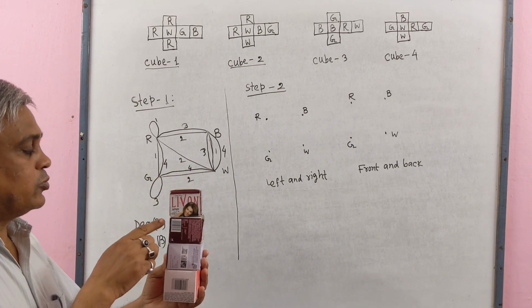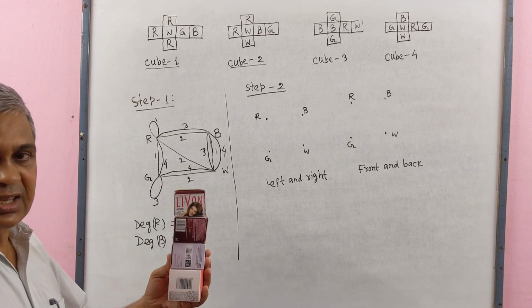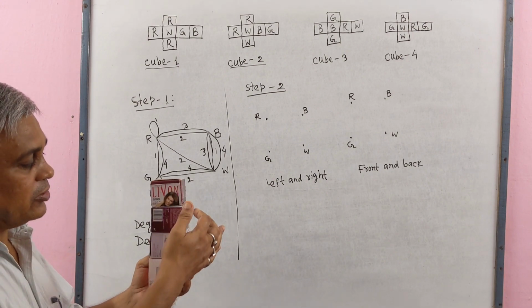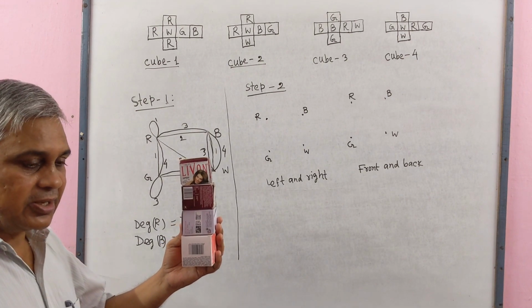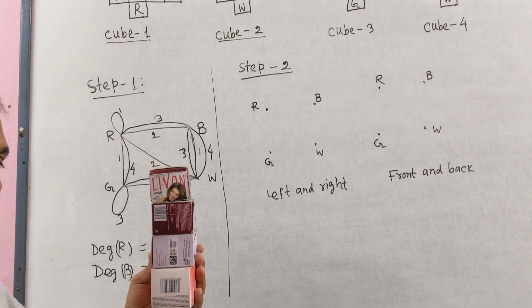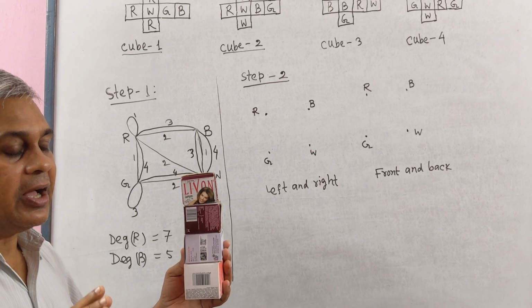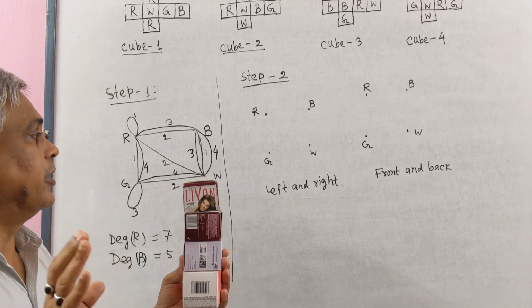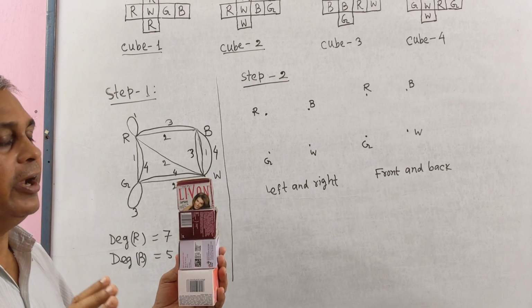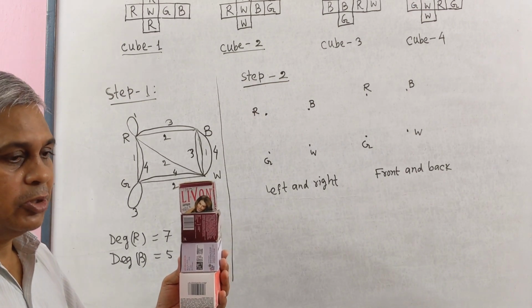In the left faces we have 4 faces and in the right faces we have 4 faces. So we have 8 faces. But the 8 faces have only 4 colors: red, blue, green and white.